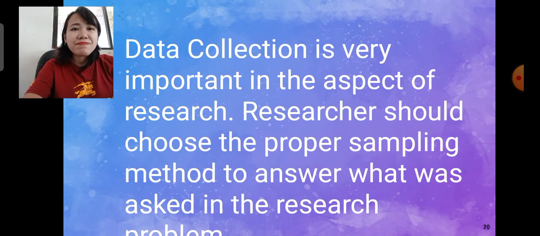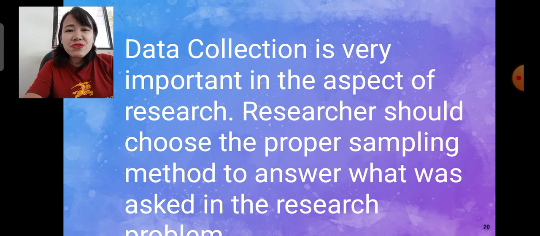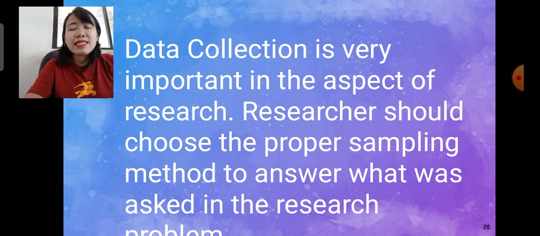Okay, so data collection is very important in the aspect of research. Researchers should choose the proper sampling method to answer what was asked in the research problem. So, it is based on what is your statement of the problem or your SOP, yung tinatawag natin.